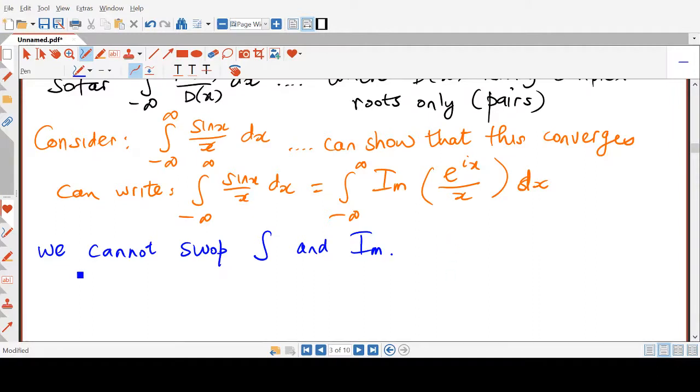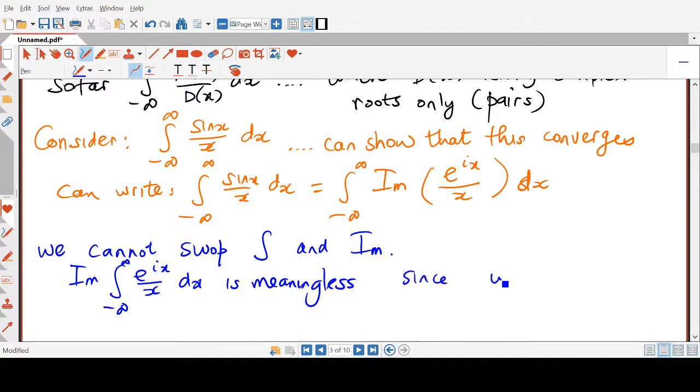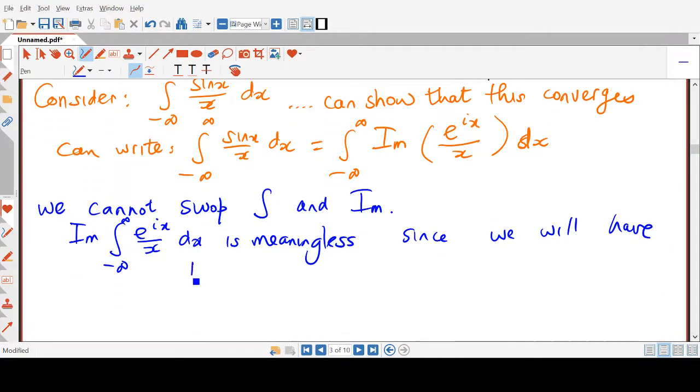In fact, taking the imaginary part of the integral of e to the ix over x dx is meaningless, since we will have the imaginary part of the integral of cos x over x plus i sine x over x dx from minus infinity to plus infinity.